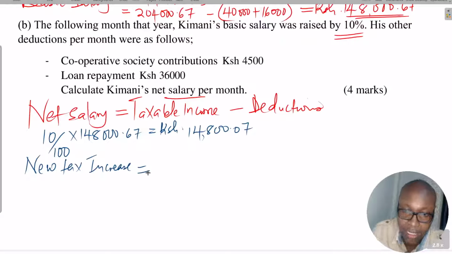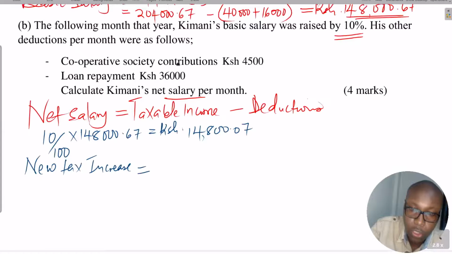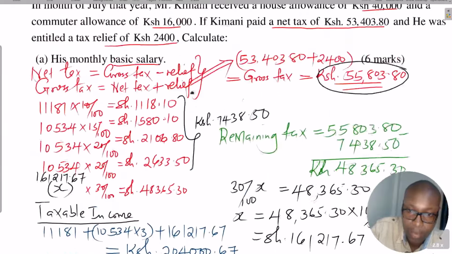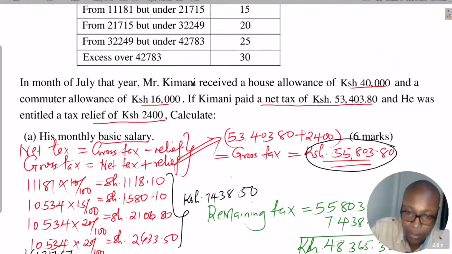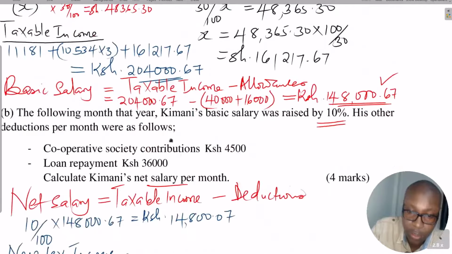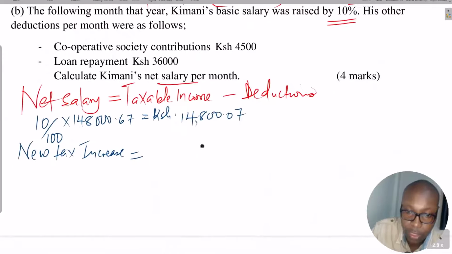To get the tax increase, we go to the last band. The taxation rate is 30%, and this increase of 14,800 will go to the last band. So we subject that to a tax rate of 30% to see by how much the tax will increase.